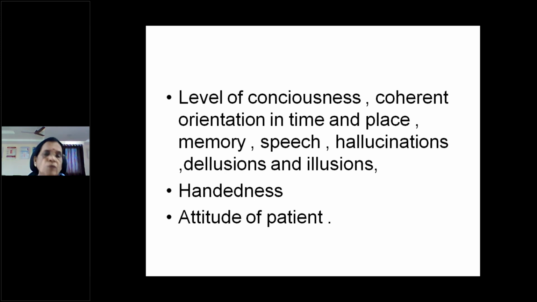Now the attitude of the patient. There are typical attitudes: decerebrate rigidity, decorticate rigidity, or a hemiplegic attitude. Decorticate rigidity appears like hemiplegia on both sides: the upper limb will be in flexion at all joints, and the lower limb will be extended.